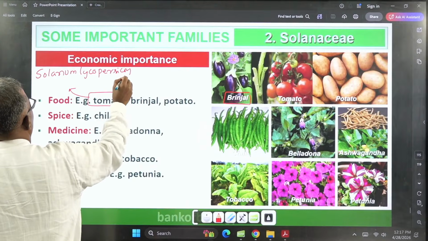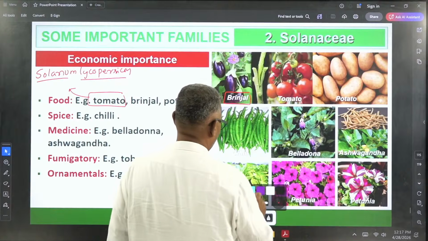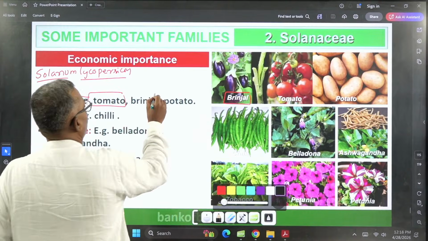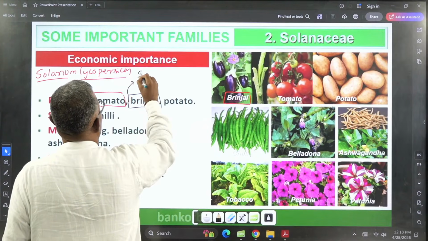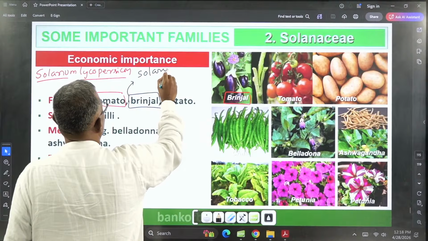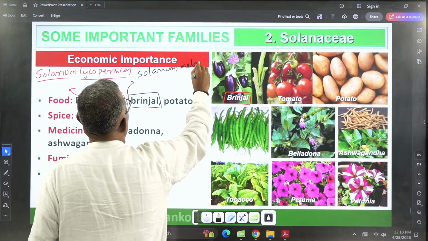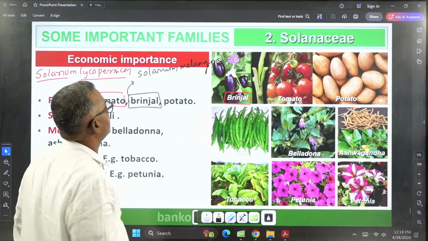What is the botanical name? Solanum lycopersicon is the botanical name of which plant? Tomato. And brinjal, it is Solanum melongena.